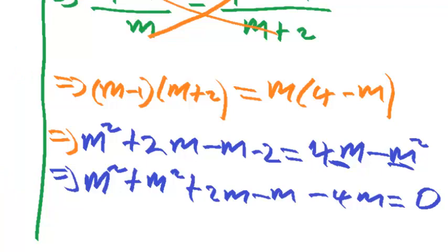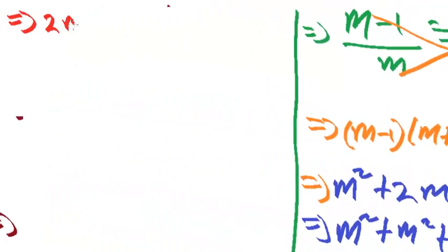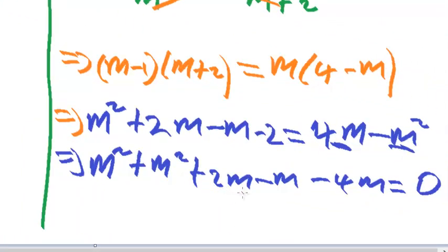That means now we have 2m squared. That is m squared plus m squared. Then from here, 2m minus m is 1m. Then I have negative 4m here. So basically I have negative 3m.